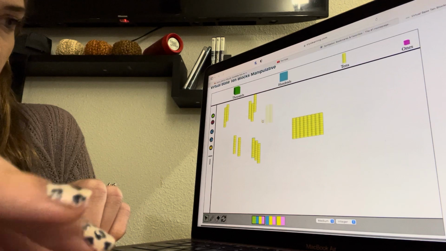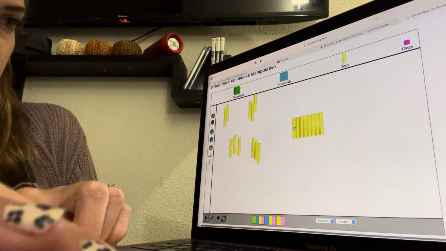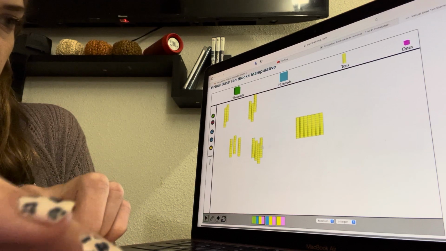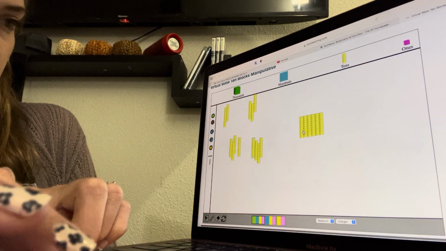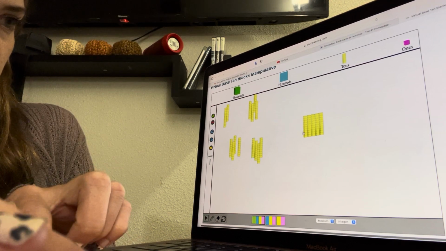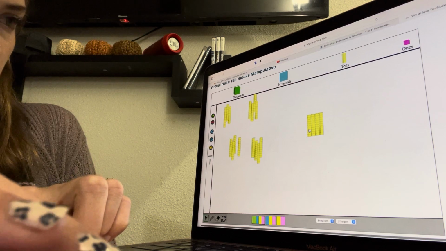We got a lot of rows to organize really quick. All right, then we got a few remaining rows.